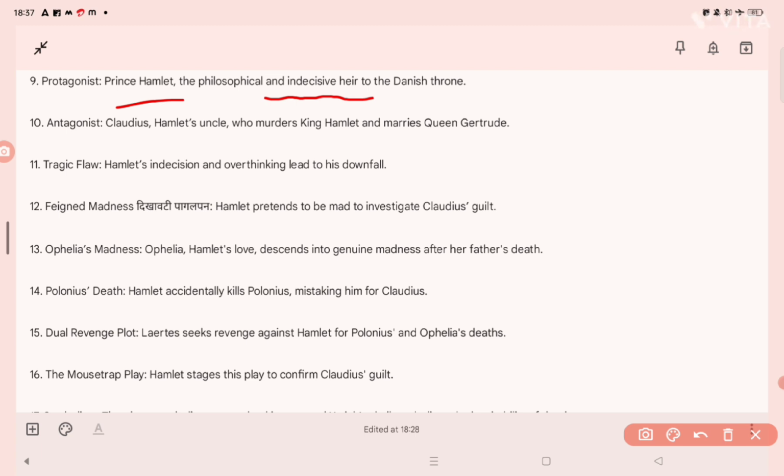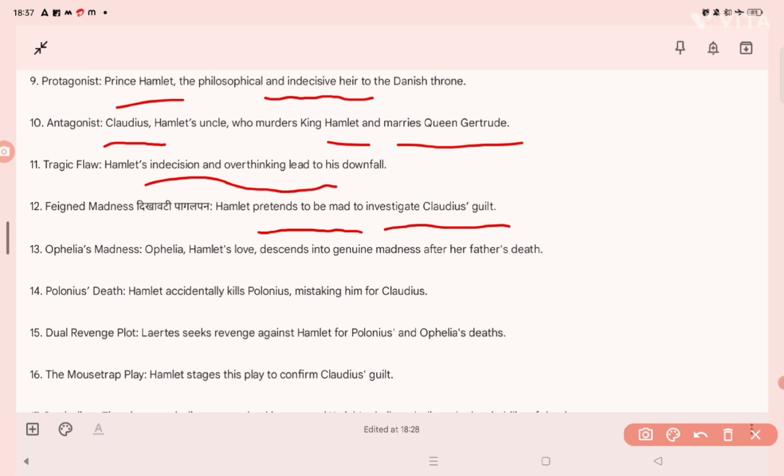Antagonist: Claudius, Hamlet's uncle, who murders King Hamlet and marries Queen Gertrude. Tragic flaw: Hamlet's indecision and overthinking lead to his downfall. Feigned madness: Hamlet pretends to be mad to investigate Claudius' guilt.